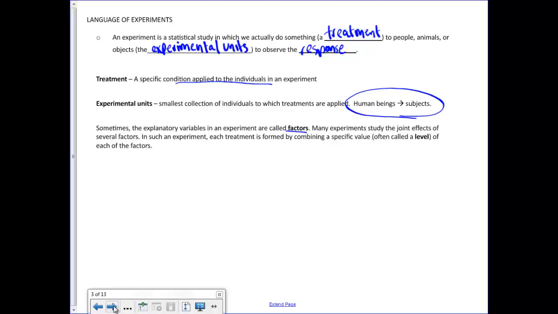Not often, I don't talk like that. I just refer to them as explanatory variables. But they could be called factors, just so that you're aware. In an experiment, each treatment is formed by combining a specific value, often called the level, of each of these factors. Again, it may come up every now and then, but I'm not going to go too in depth with that.